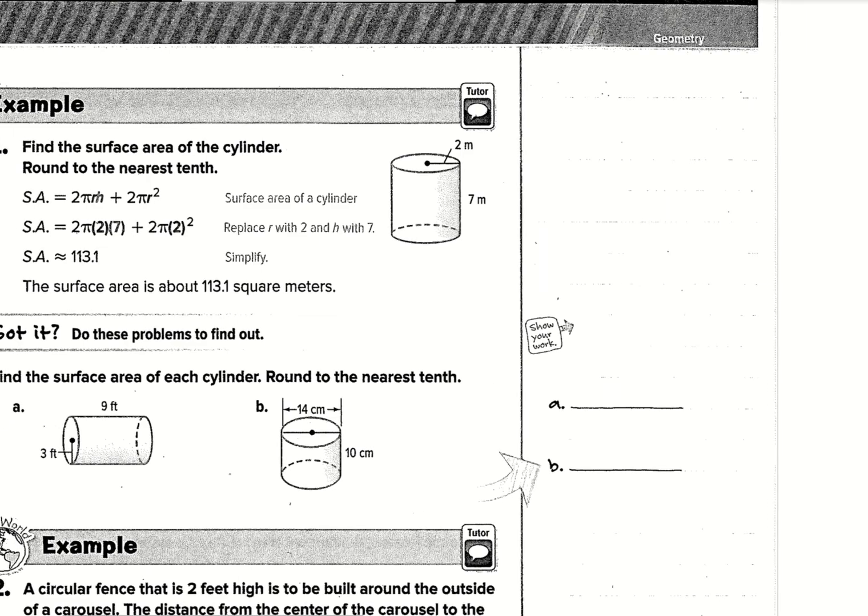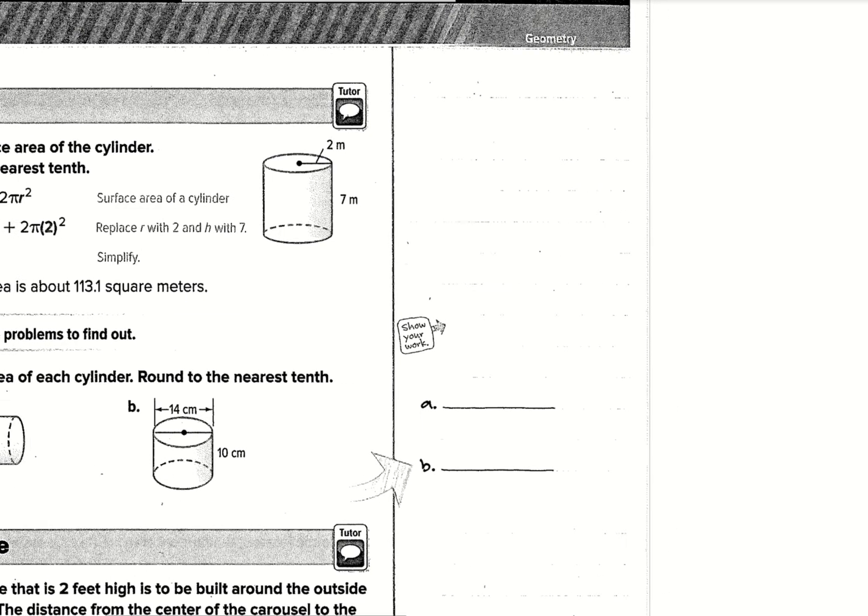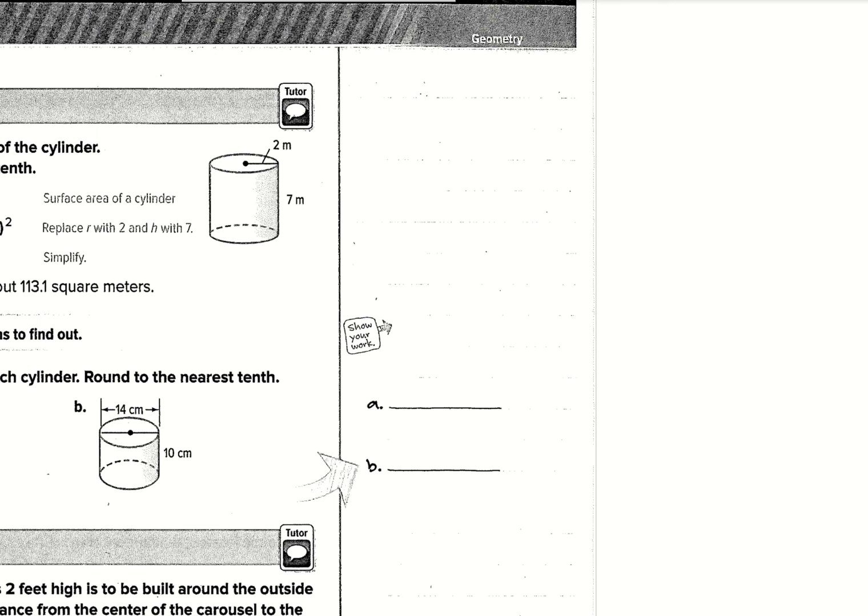All right, so if we look at example 1, we have this cylinder right here. And remember, for surface area, if I use the formula, again, you weren't required to, but if I decide to, we've got 2b plus p times h. So for the base, we have pi r squared, which is going to be pi times 2 squared.